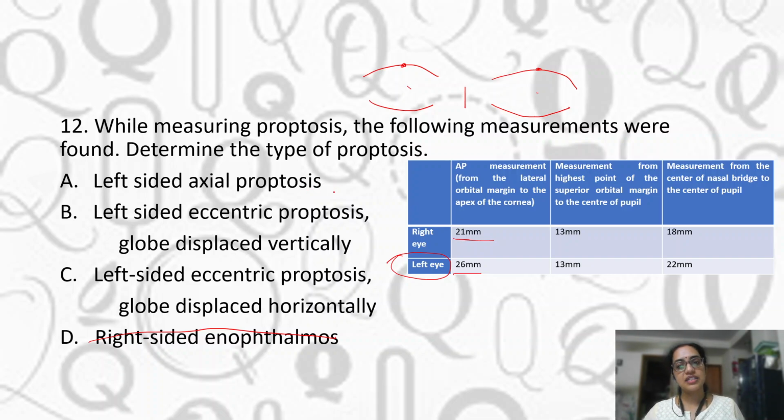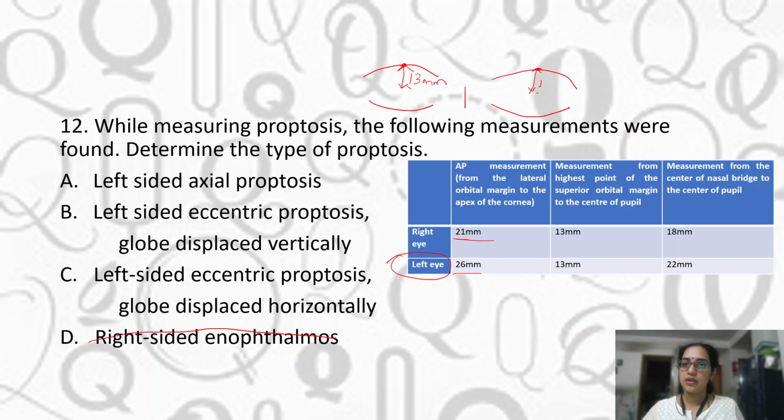Whether it is axial or eccentric, these two columns will help us. So what is the second column about? Measurement from the highest point of the superior orbital rim to the center of pupil. So from this point to this point. They say this is 13 mm in both eyes.